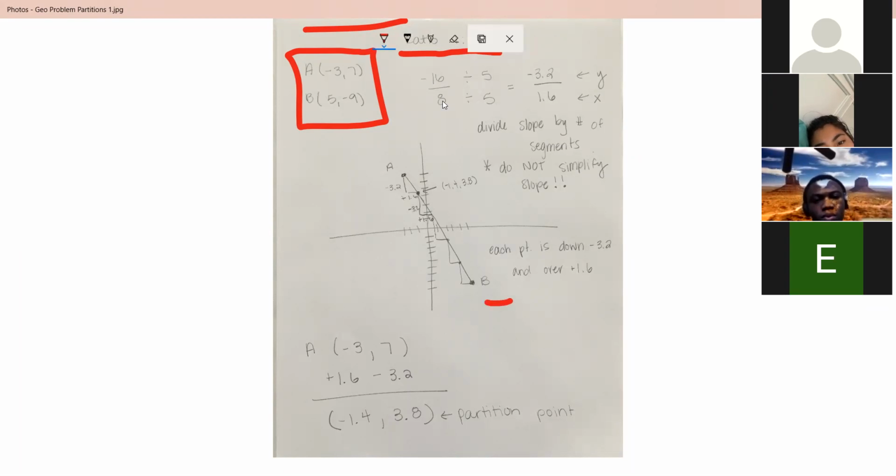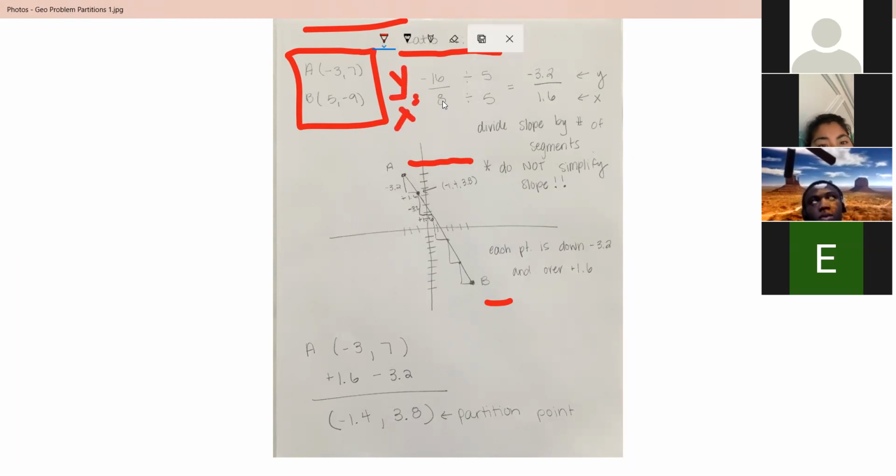So it takes 16 moves downwards, so a negative direction downwards to get there. And then it takes 8 moves over from A over to get to B, right? So that's just your movement that it takes to get from A to B on your Y and your X axis, rise over run, okay?